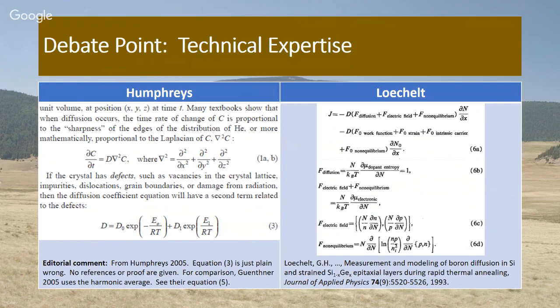If I told you, well, one road is going 60 miles an hour, one road going 30 miles an hour, then the total velocity must be 90 miles an hour for the system. That's adding the velocities, and that's something you wouldn't do in a transport problem. That is essentially what Humphreys is doing here. He's adding two diffusivities, but the diffusivity plays the same role in diffusion that velocity would in the traffic example. He's adding two quantities together that really should not be added.